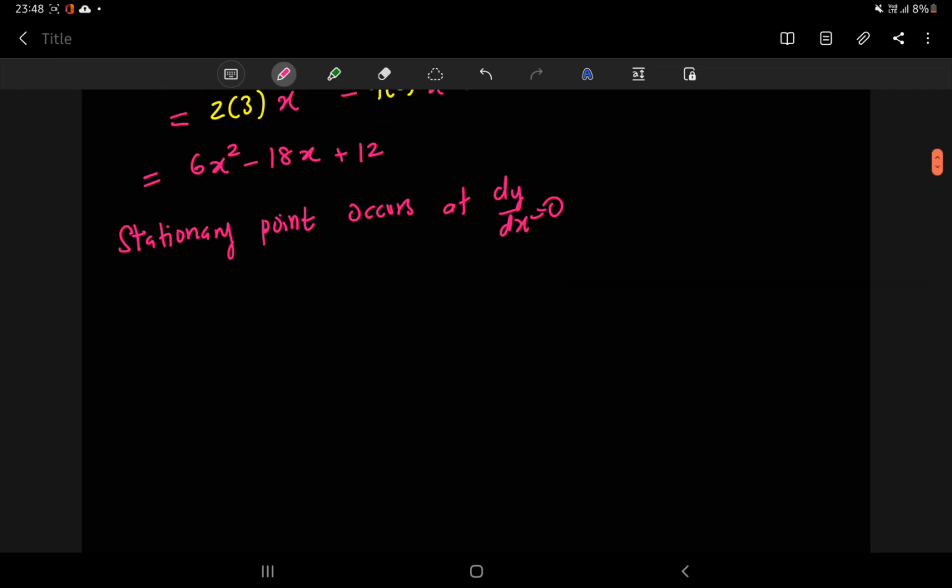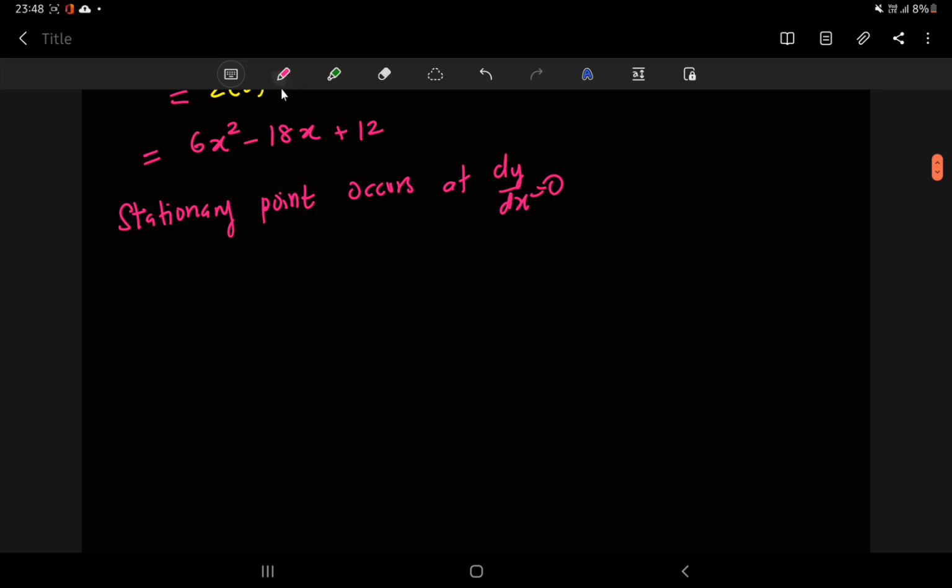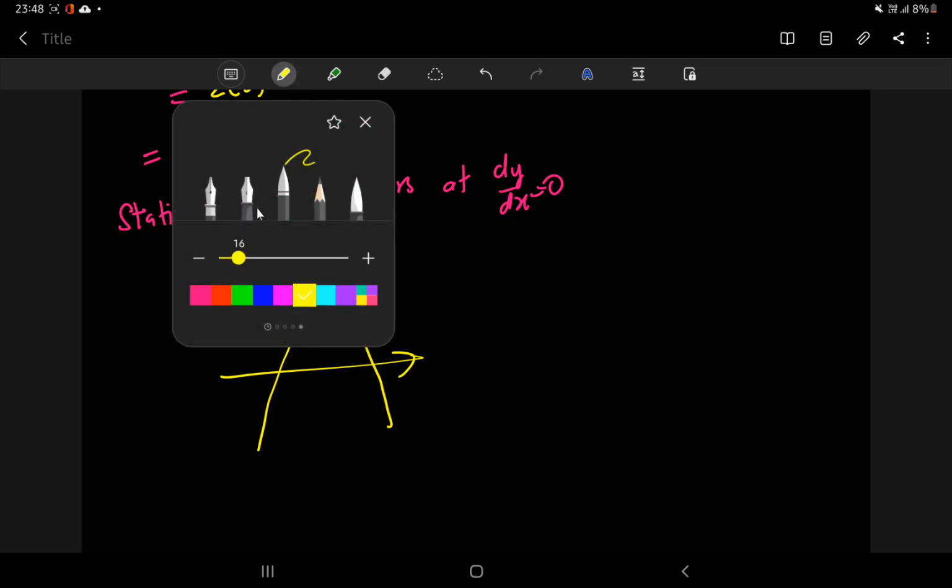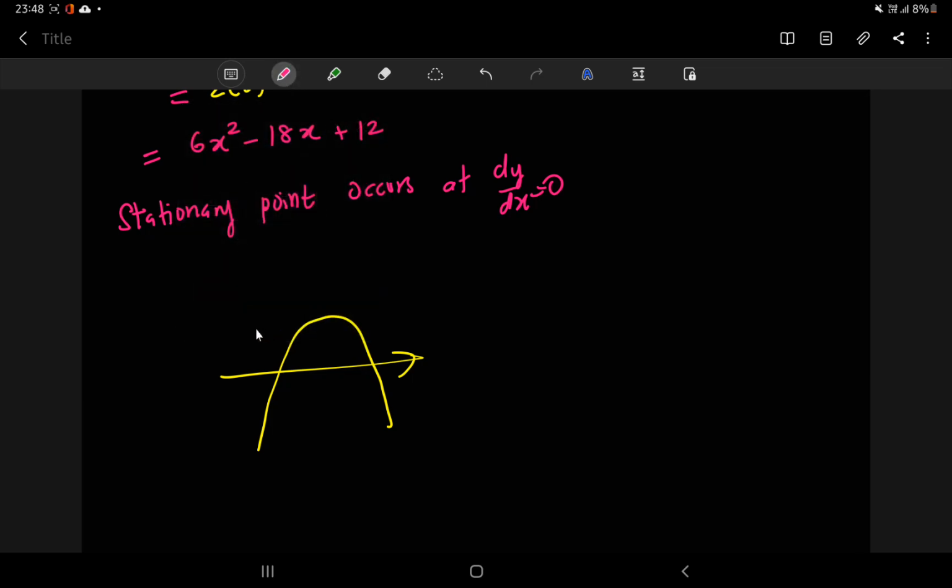To give you a brief view of stationary point, it is like when you have a graph like this, for example. So stationary point occurs at this line. At this line, dy dx is 0 because it is constant with respect to x.